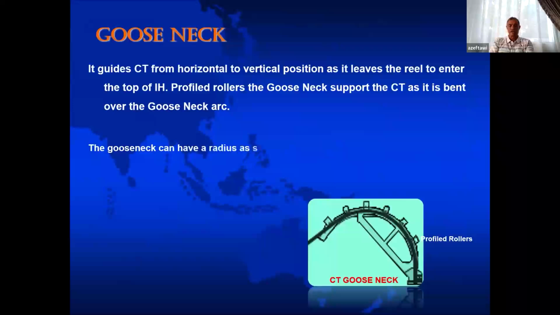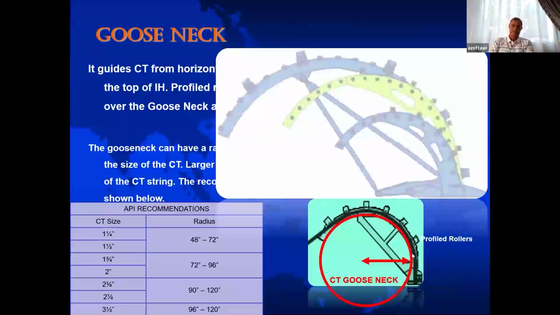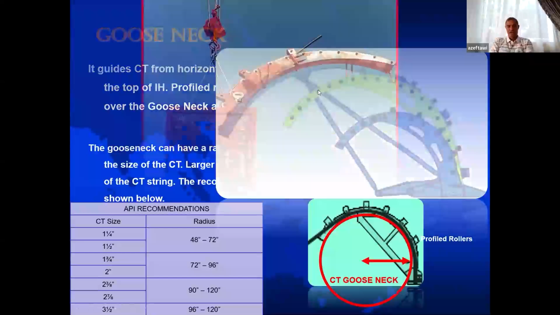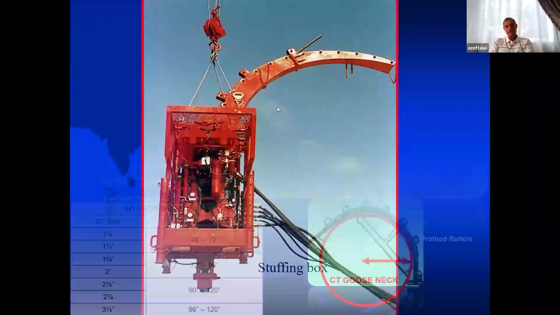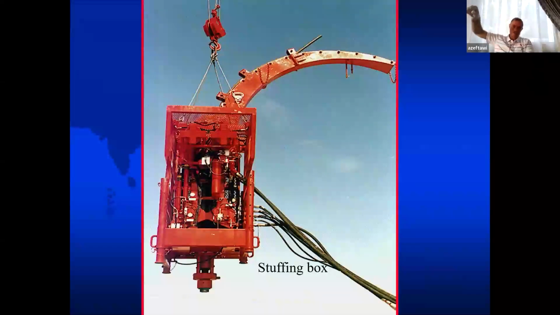This is the gooseneck, by the way, when I said that when you increase the pipe diameter, you have to increase the gooseneck radius to minimize the bending stress. This picture is taken while a crane is lifting the injector from the trailer of the coiled tubing unit to go on top of the Christmas tree.